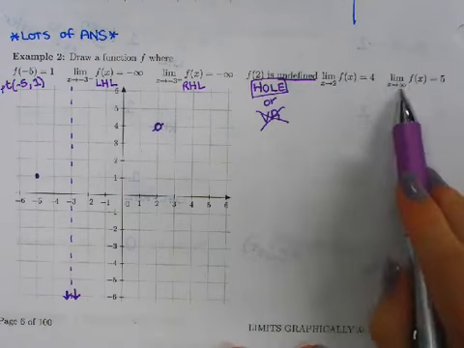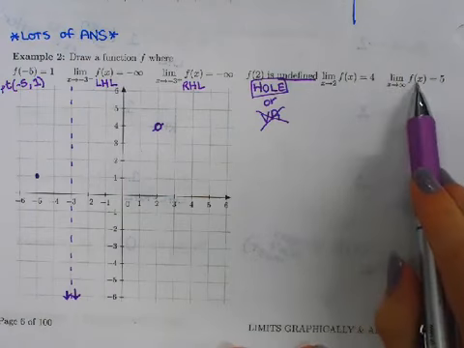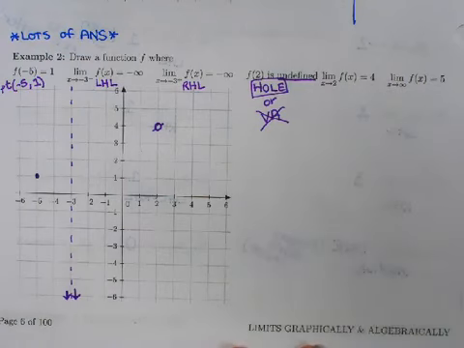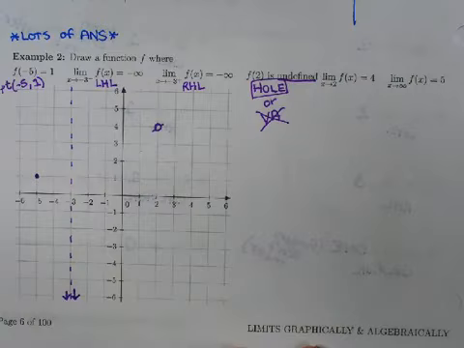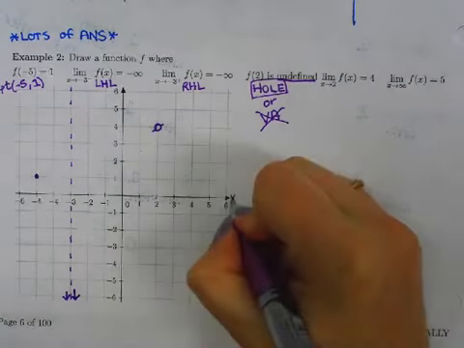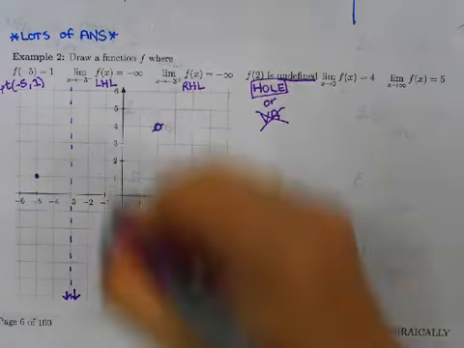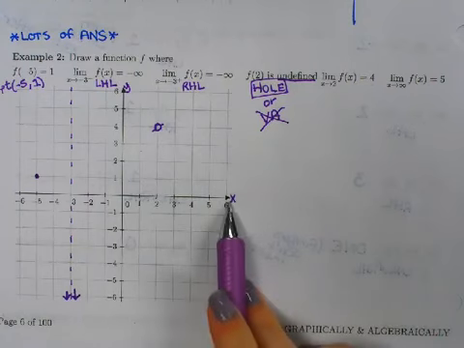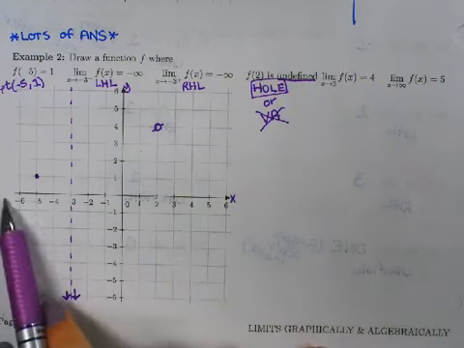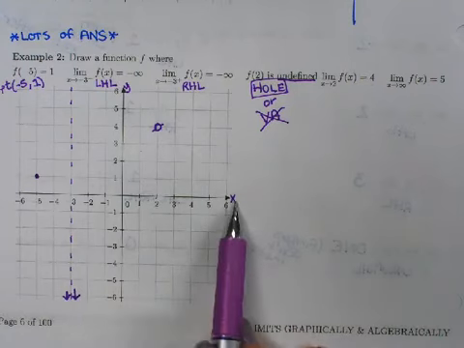So my last piece is as x goes to infinity, f of x is 5. Again, we kind of previewed this. If x is going to infinity, that is not up or down. Remember, x is either left or right. y is the up or down. So if x is going to positive infinity, is that x going to the left or to the right?